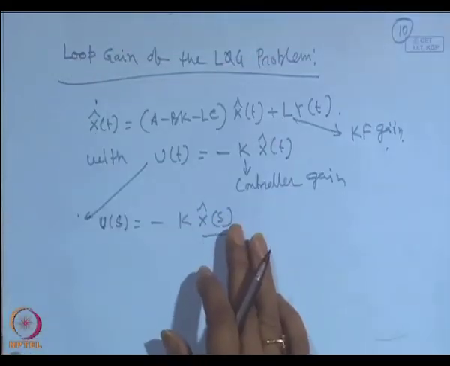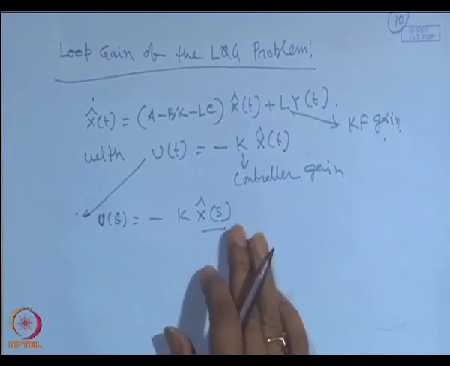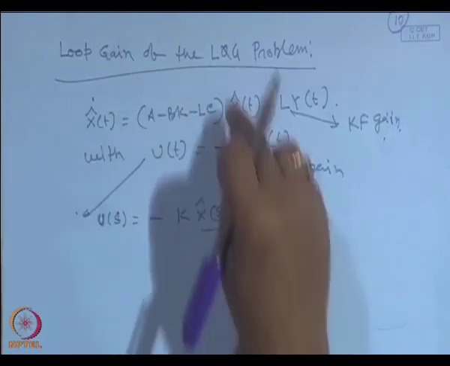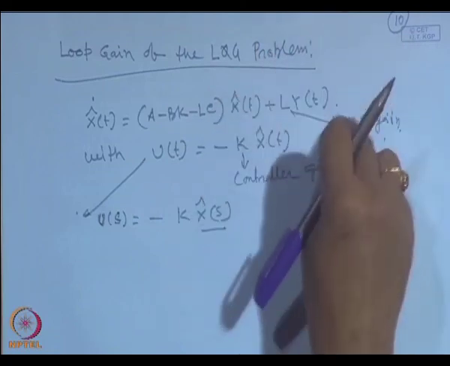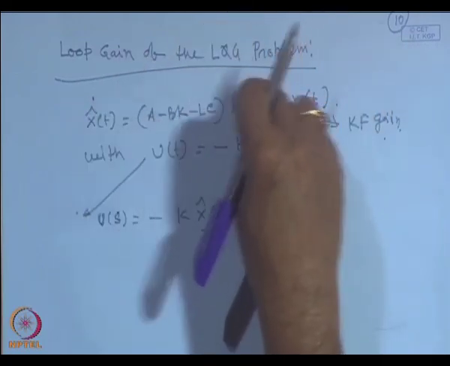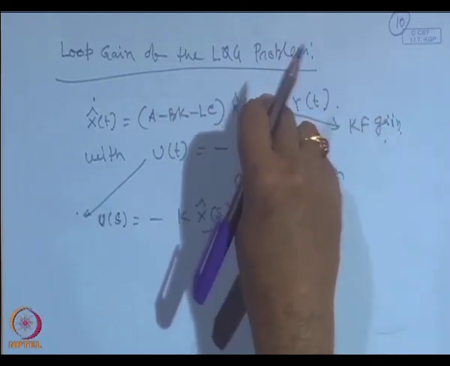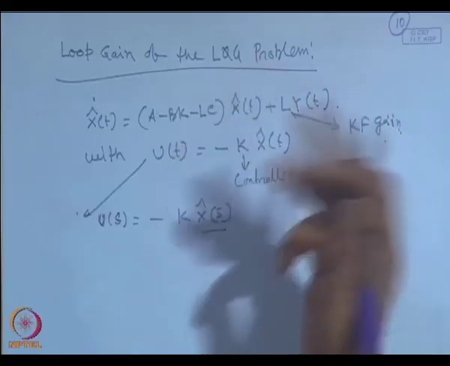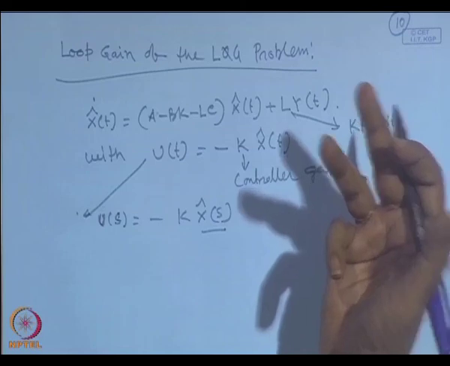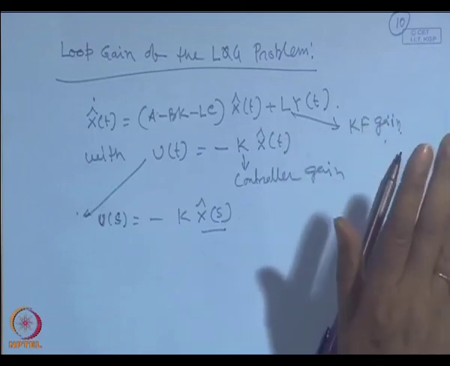I will discuss how to find the loop gain of the LQR and of the LQG and compare them in the next class. But for LQG you will see there is a different loop gain, and that will show that we are losing the excellent properties of LQR when we are using the Kalman filter along with the controller.